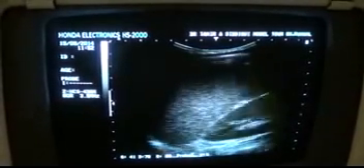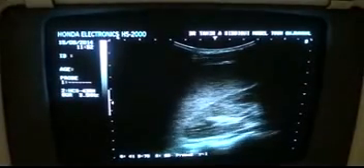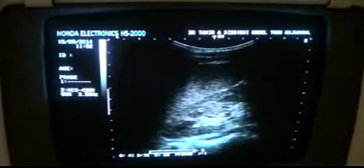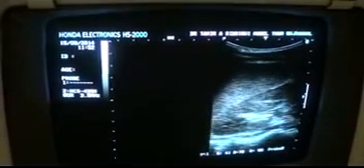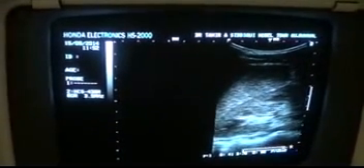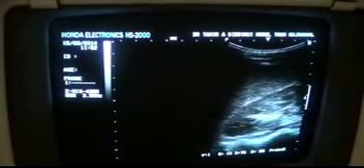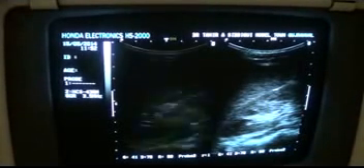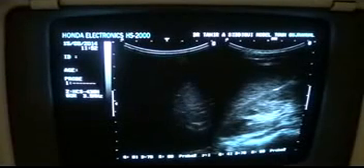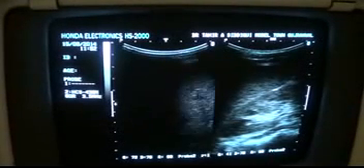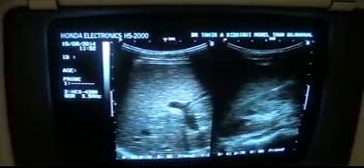Now compare it with the liver or with the splenic parenchyma, but I will prefer to take a view of the kidney on one side of the screen and then take the view of the liver on the other side, so as to compare the parenchymal echogenicity.